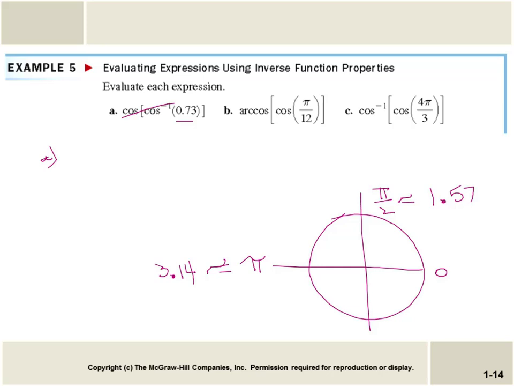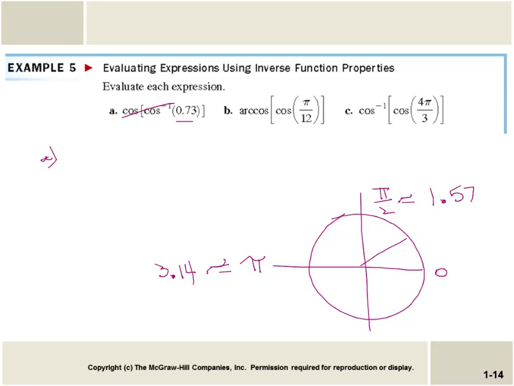So since it's in quadrant 1, it's fine. We don't have to do anything to it. If it was in quadrant 2, we would have to do something. Yeah, I know. That's the thing. You're so used to seeing it as a symbol, but it's just a symbol for an actual real number. Okay? No problem.